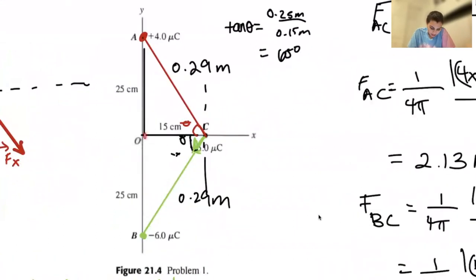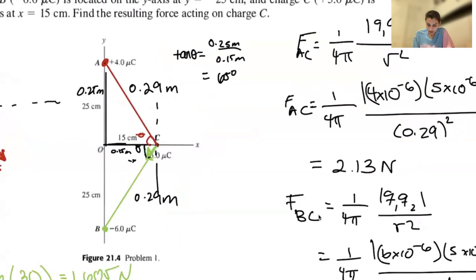They tell us the distance from here to here is 25 centimeters, which is 0.25 meters, and the distance from here to here is 15 centimeters, which is 0.15 meters. Using the Pythagorean theorem to find C, we get a distance of 0.29 meters. Okay, great. So now what?